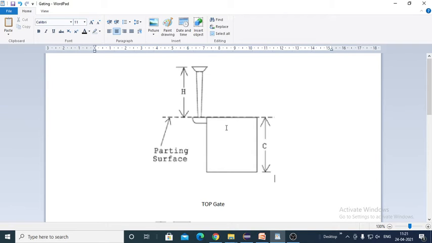top gates. So this top gating system is not commonly used for complex shapes.